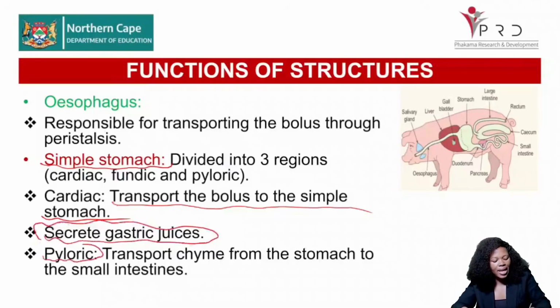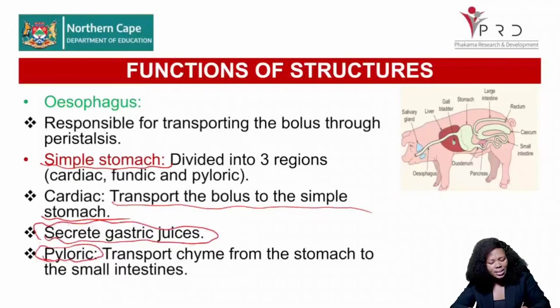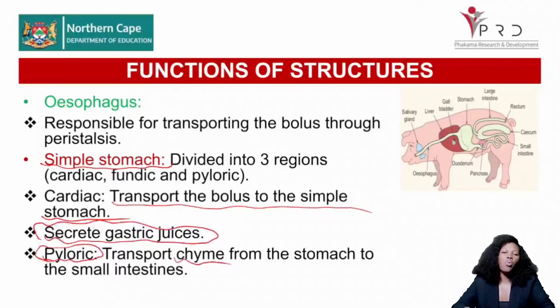The function of the last region of a simple stomach is to transport chyme from the stomach to the small intestine. Now, what is a chyme? Once the bolus has been mixed with the gastric juices, the name has to change and it is converted into a chyme.